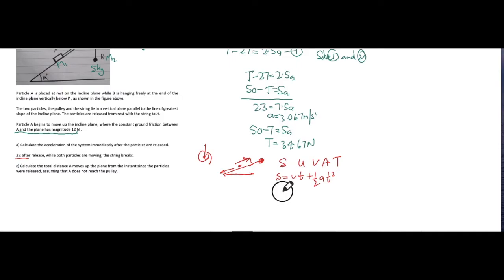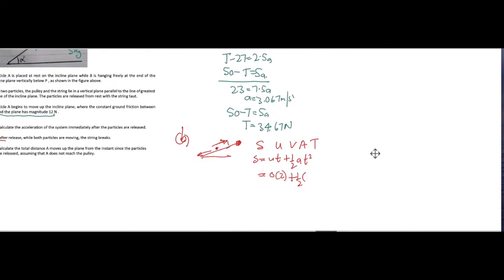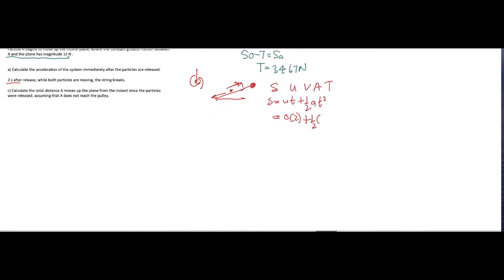Initially u was 0, plus half, and the acceleration we already got, which is 3.067, times 2 squared, and the answer is 6.134 meters. So before the string snaps, it has already moved 6 meters, quite a distance.